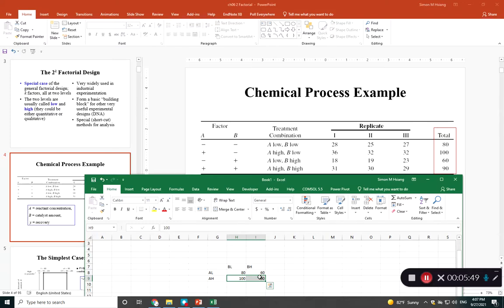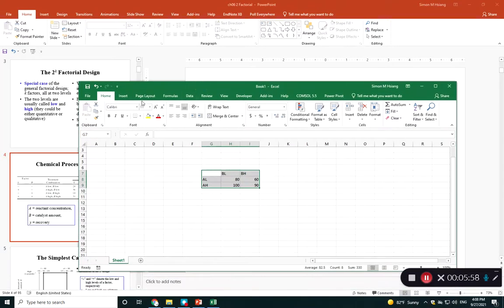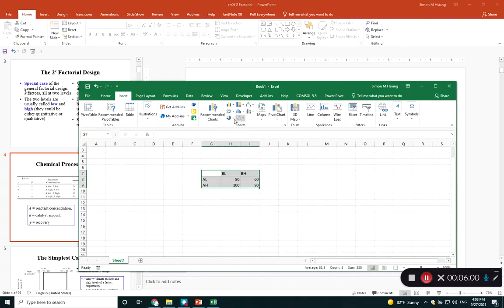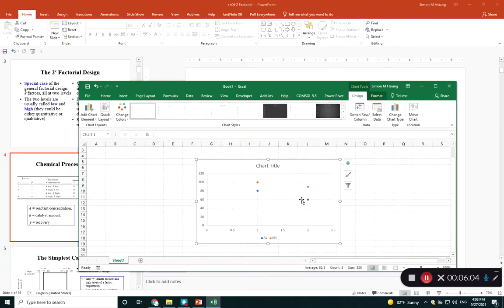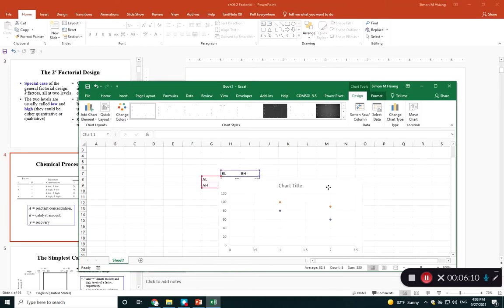Are they parallel? They're not, right? So you can plot it. Insert here, and see how they drop or how they increase at different levels.